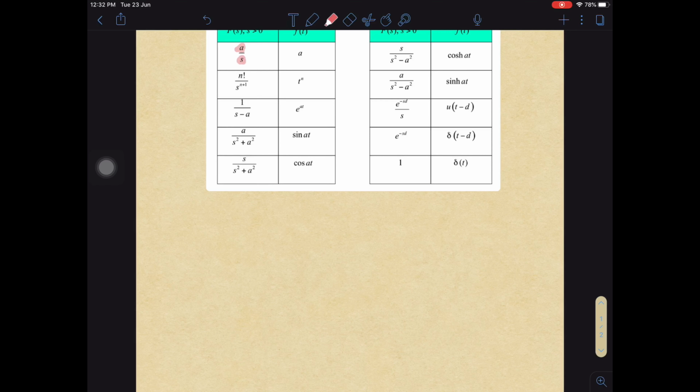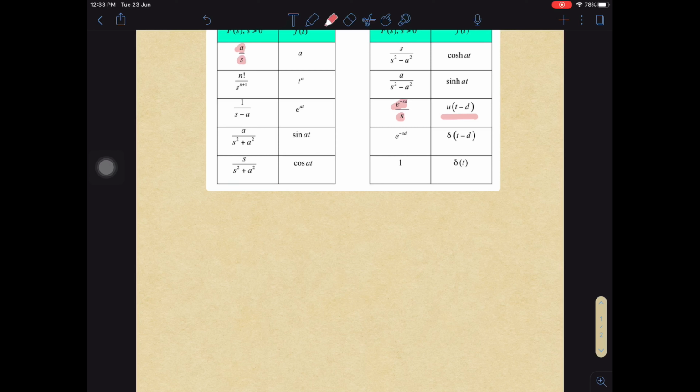Now you will have the same s to the power of 1 as the denominator, but the numerator is in the form of an exponent, e to the power of negative ds or positive ds. This is directly related to the unit step function u(t minus d). So what you need to do is just find the value of d.